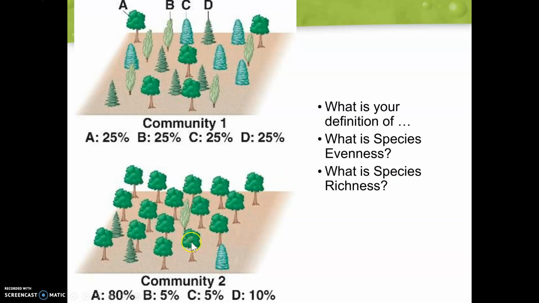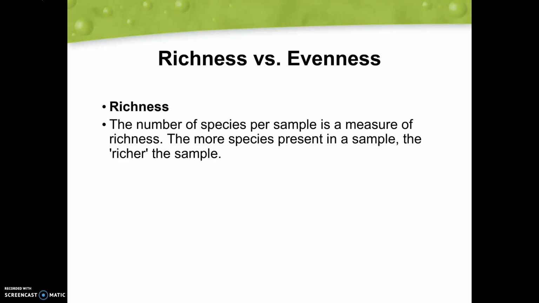So there's still the same amount of trees as community 1, but we have a richness of tree A. Richness is going to be the number of species per sample that is measured. So more species present in the sample, that is a richer sample for that species. So for tree A in community 2, we had a really rich sample of tree A.